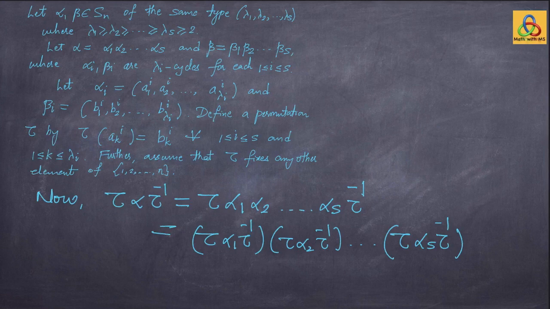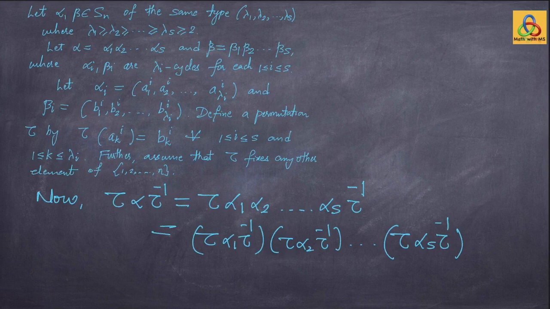And by the preceding observation, the first part of this proof, we see that tau alpha i tau inverse is the cycle (tau of a1 i, tau of a2 i, and so on tau of a lambda i), but that I have set as (b1 i, b2 i, and so on b lambda i).